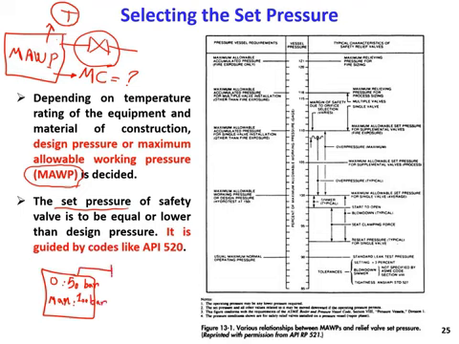Then the set pressure of the safety valve we have here is set much below the maximum and a little bit above the operating pressure. Let's say the set pressure can be about 70 bars. When the pressure reaches 70 bar, which is getting close to the maximum pressure and is above the operating pressure, this valve comes into action, opens the line, purges some gas, and reduces the pressure of our reactor.